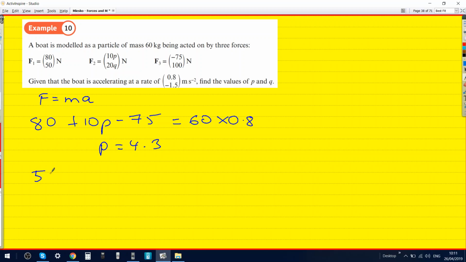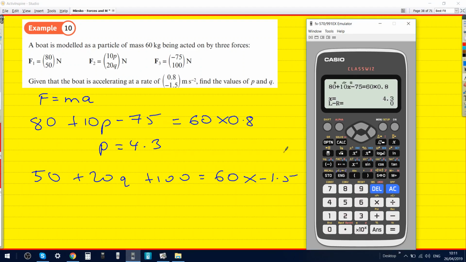I'm not sure. So did you do 50 plus 20Q plus 100 plus 100 equals 60 times minus 1.5? Minus 1.5? And what calculator do you have?